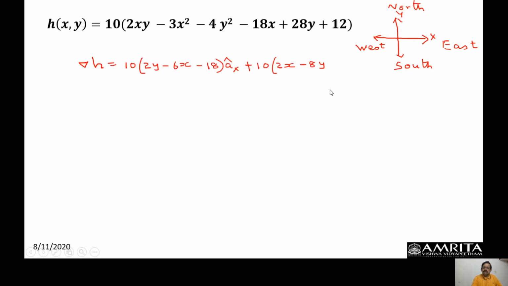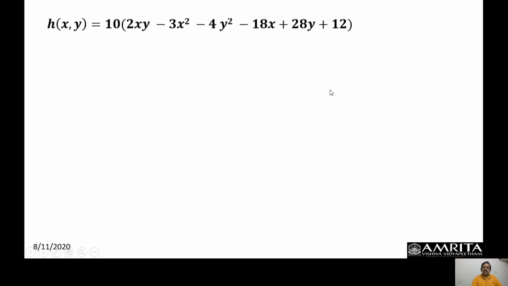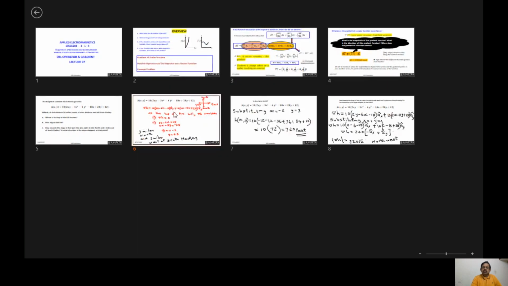Okay, so here. So this is my variation of this function. So there is a value here, there is the maximum of this function. At this point and at this point, the slope is going to be 0. So this is one thing that we are going to see.